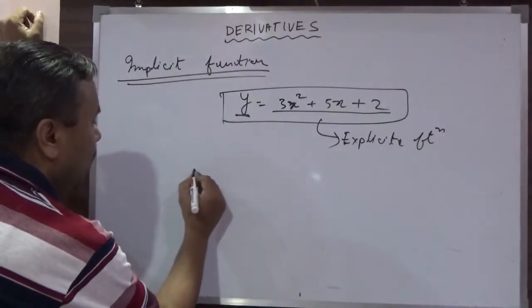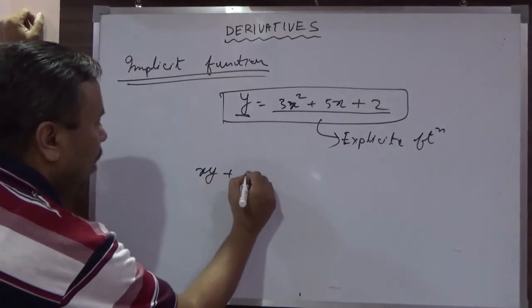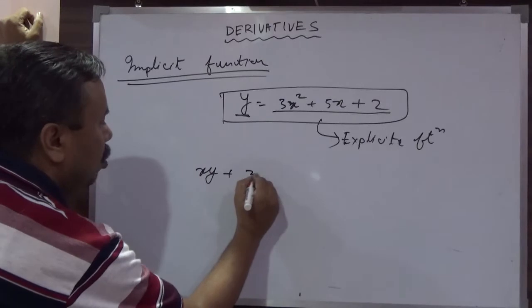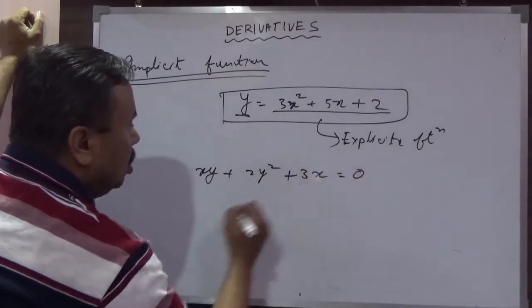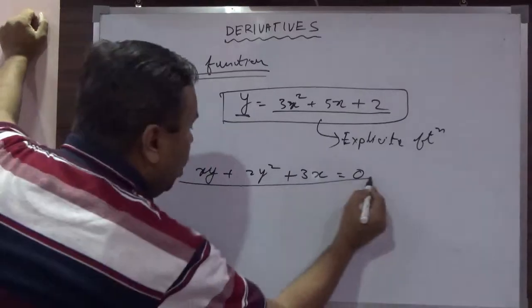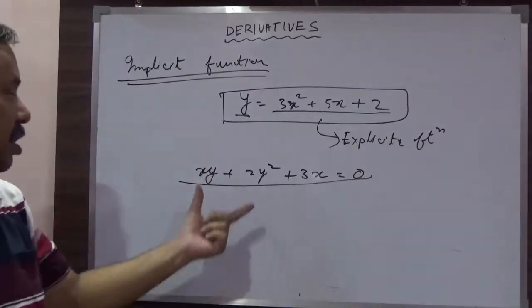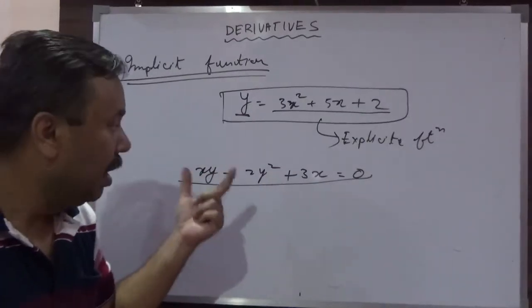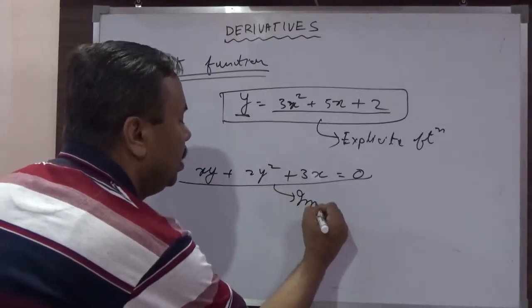Suppose that I am giving you an equation xy plus x plus 2y square plus 3x is equal to 0. Now you see, it is not easily possible to express y as a function of x. So this type of function is called an implicit function.